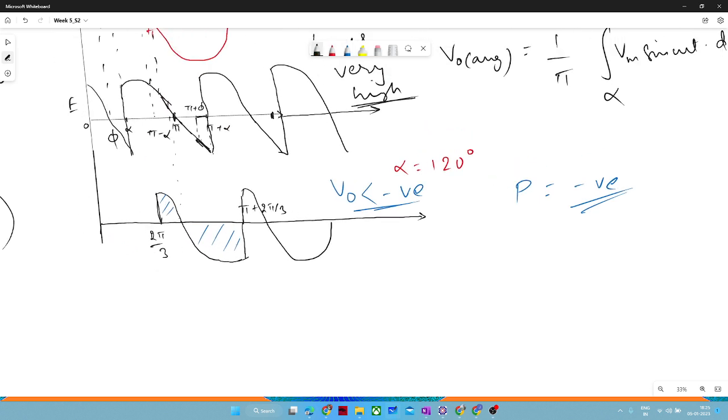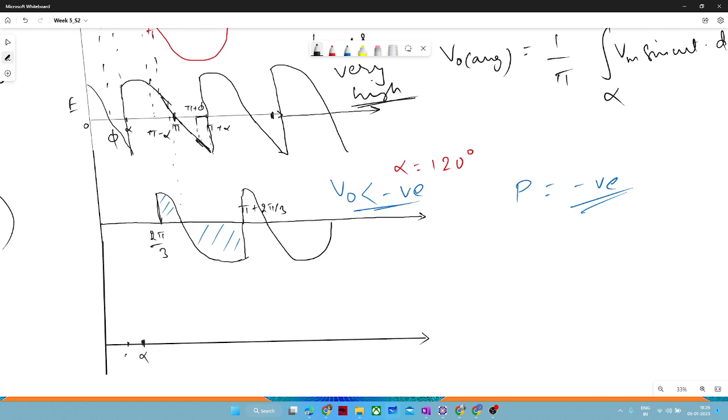Now the second case that I will consider is the discontinuous conduction mode of this thyristor, when L is not sufficiently large. We will start from alpha.